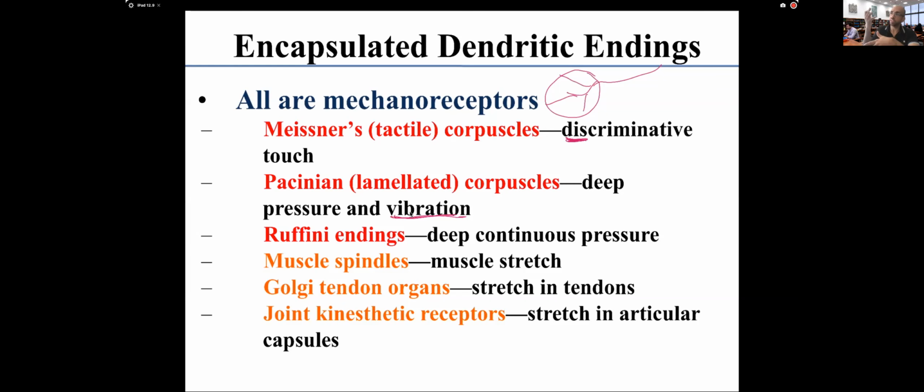You're substituting an annoying sensation with a much less annoying sensation. All right, this is the whole concept of acupuncture. In this case, it works by activating the Pacinian corpuscles that detect vibration.